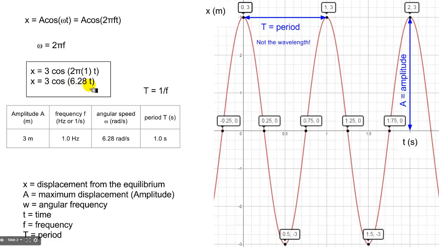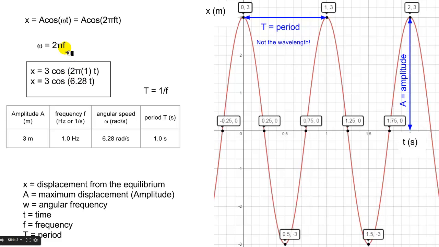So working the other way, if we've got this equation, we would realize that the value that comes before the trig function, whether it's sine or cosine, represents the maximum displacement, also called the amplitude. Then from the number before the t, we would know that that represents 2πf.